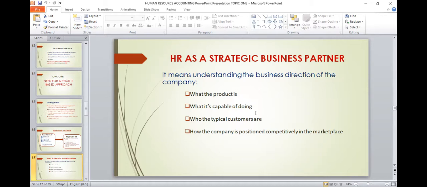You have several similar organizations that offer the same service. If it is the telecommunications sector, it is not Safaricom as the lone player. We've got Airtel, we've got Orange, and so on. All of them are grappling to gain market share.